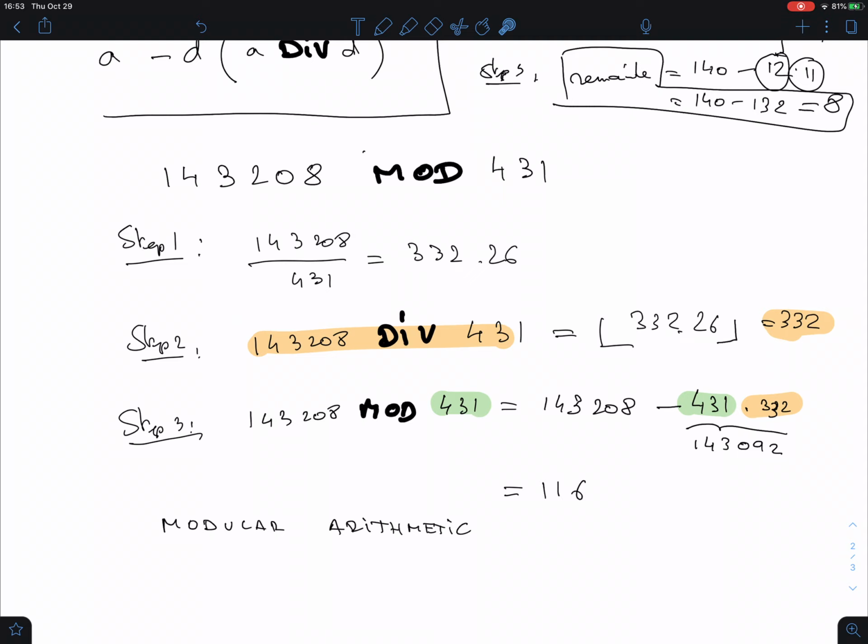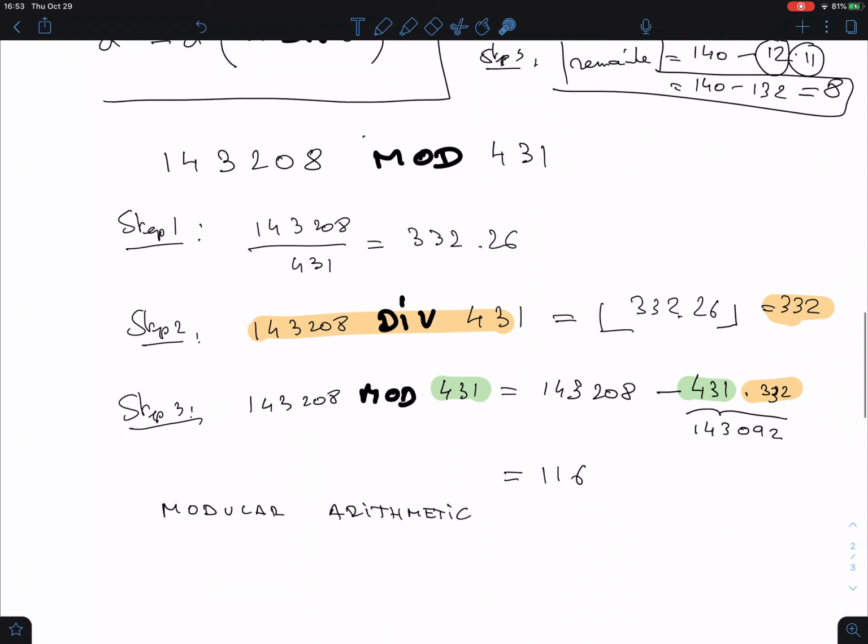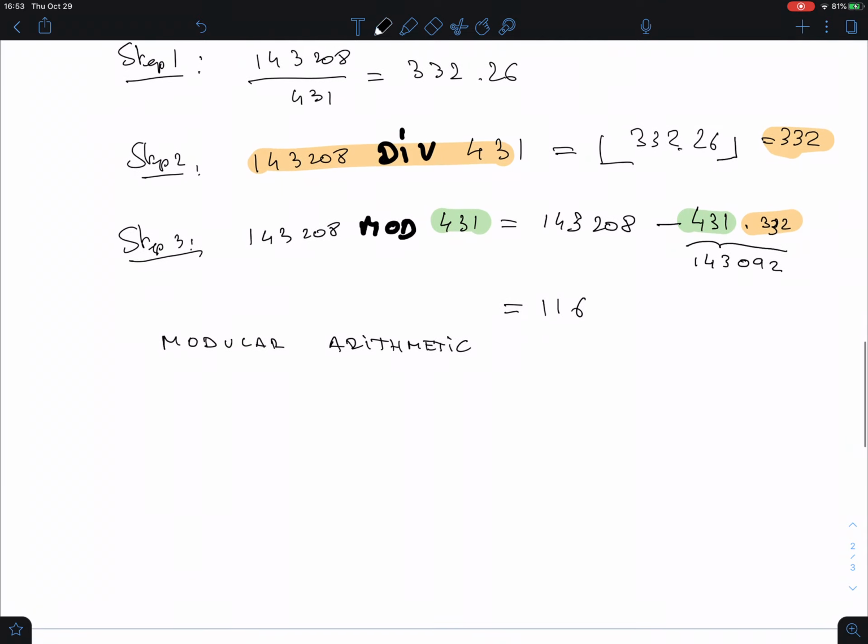So modular arithmetic is, to put it somehow in quotes, not really that, but it is calculations with remainders. So always we calculate with the remainders; it's only the remainders that we are interested in.